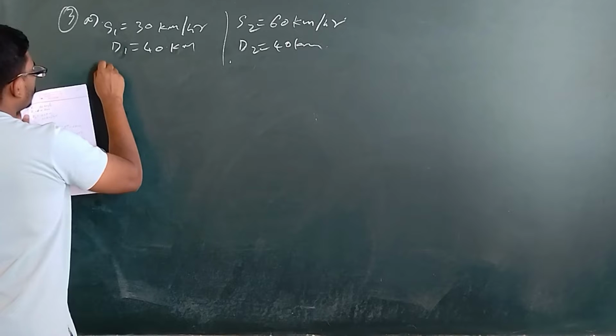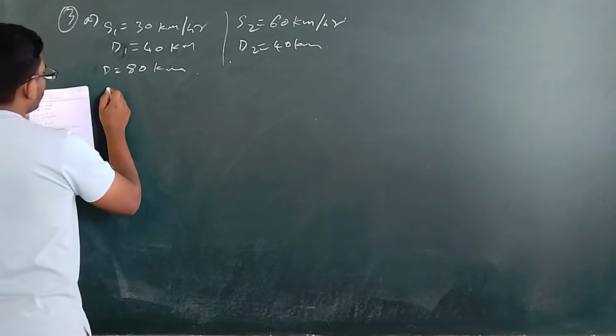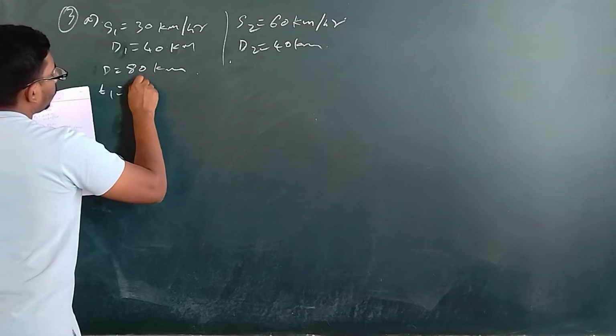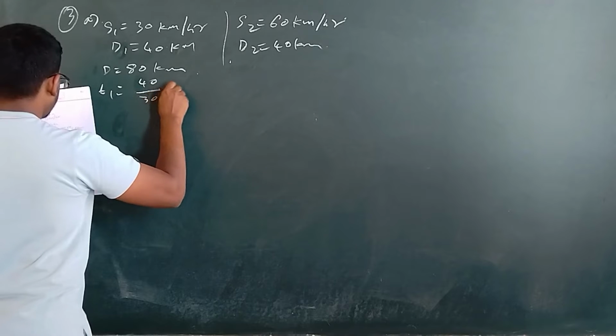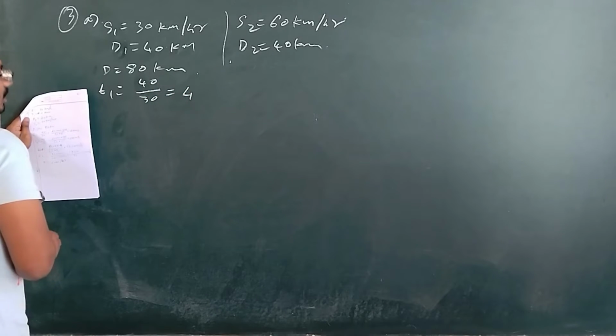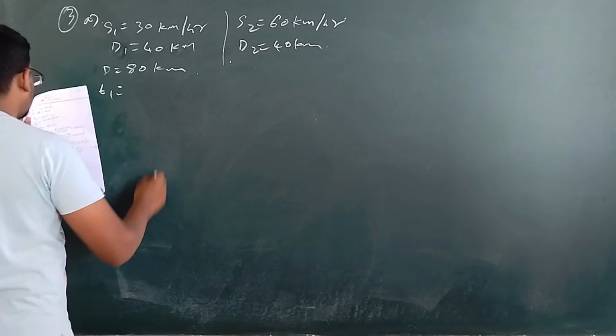So total displacement is 80 kilometers, and then we have to calculate time 1, that is 40 divided by 30. I am going to solve this in seconds, then only I can get an accurate answer.